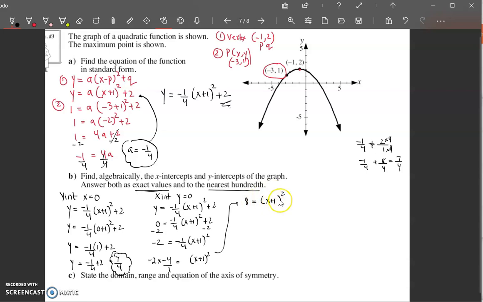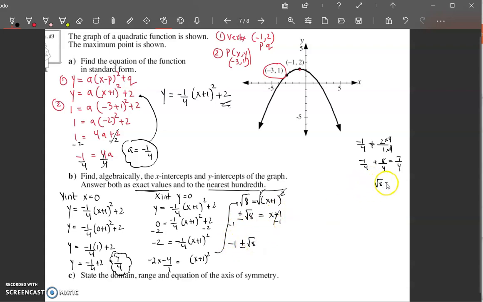Now, in order to get rid of the square, you have to take the square root of both sides. And the square root of 8 is going to give you plus or minus square root 8. And you're left with x plus 1. Over here, we're going to take the 1 to the other side. So it's -1 plus or minus square root of 8.